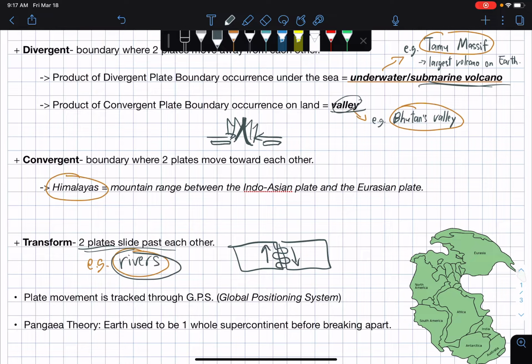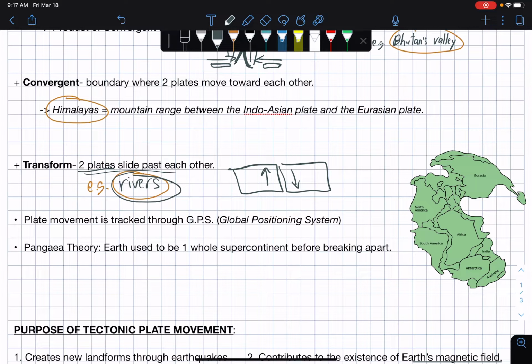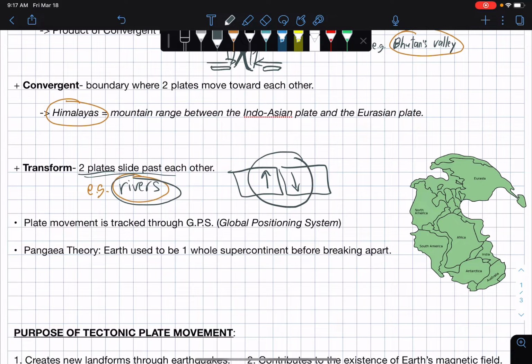I'm not exactly sure how rivers are formed in that sense, but I hope you do understand that transform plate boundaries are in this kind of situation and rivers are basically formed.